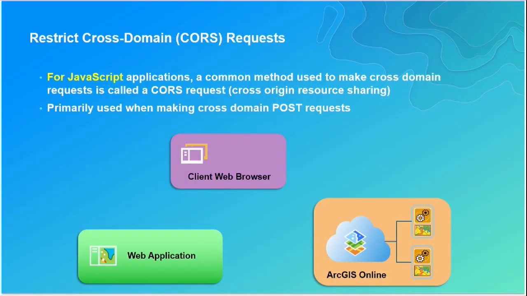As I mentioned, it's when your client app on your web browser is accessing a third-party web application, and it needs to make a cross-domain request to an item in your ArcGIS Online organization. As I mentioned before, it's primarily used when making cross-domain post requests.